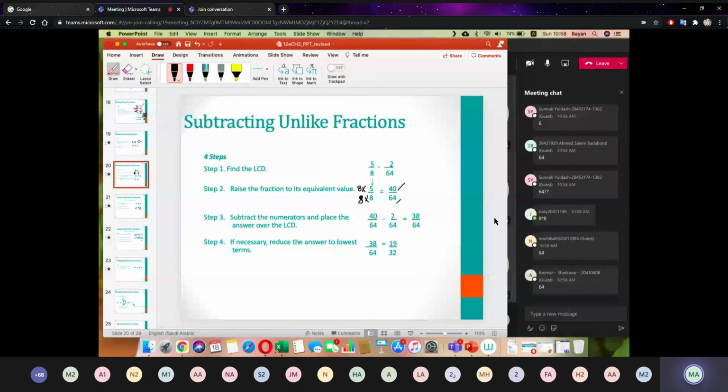Then we subtract 40 minus 2. 40 minus 2 will give you 38, and we write the denominator here, 64. So we just subtract the numerators. Clear?